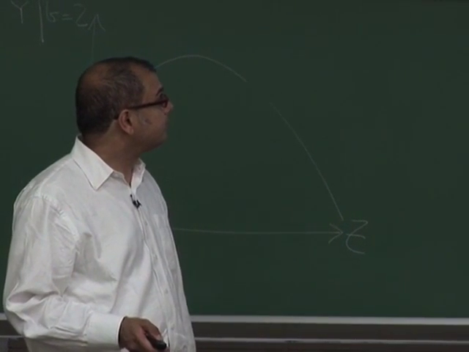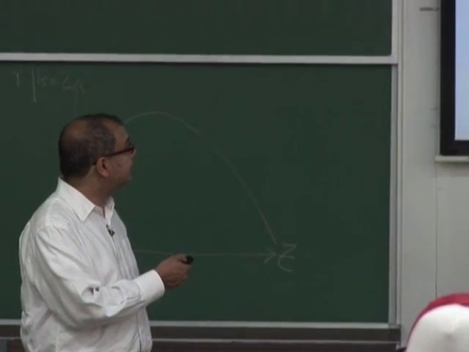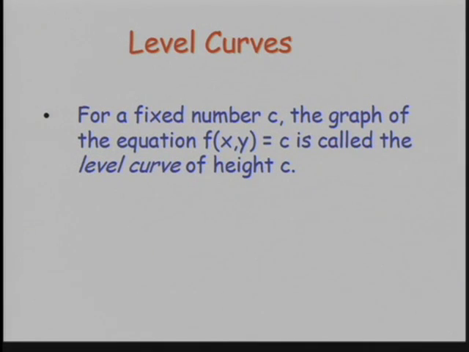So for a fixed number c, the graph of this equation, f as a function of x, y equal to c, is called the level curve of height c. That's exactly what we did up here.